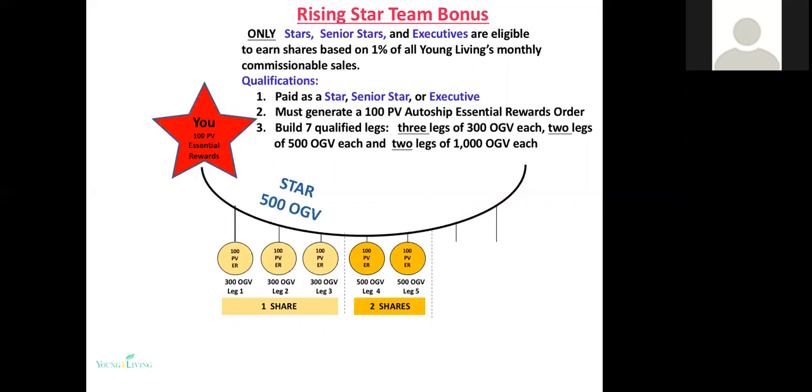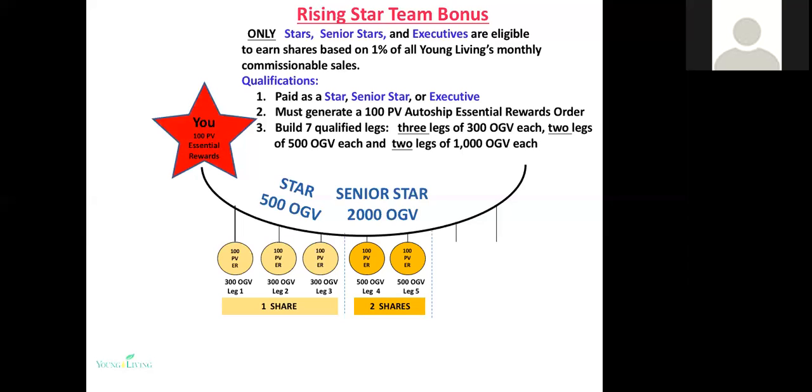Once you've done that, you now achieve the additional 2 shares of this bonus for a total of 3 shares that you can be paid on for the bonus, with, again, the share value being somewhere around $50 US. And this will help you to advance to the level of senior star, because at this point you would have a minimum of 100 PV and 2,000 OGV in your organization.